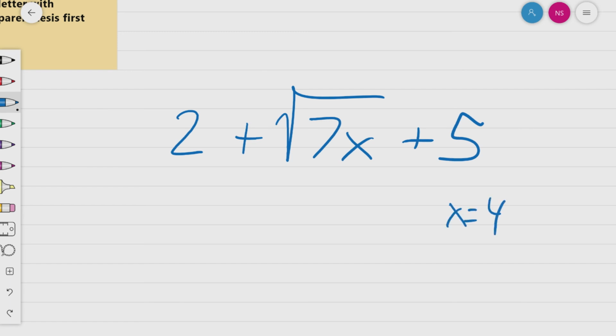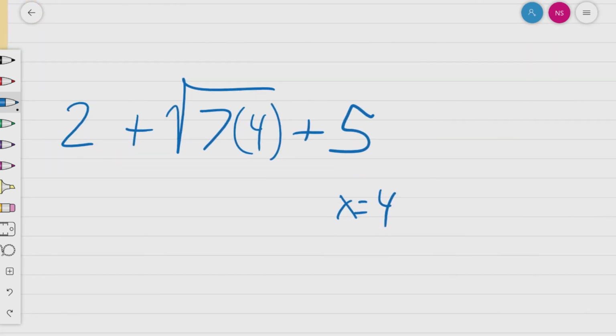So I'm just going to take the easy route and get the x, and then erase that, substitute it with the 4. When you go to put this into the calculator, make sure you end the square root right there, okay?